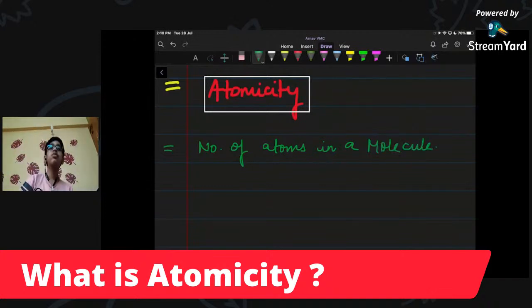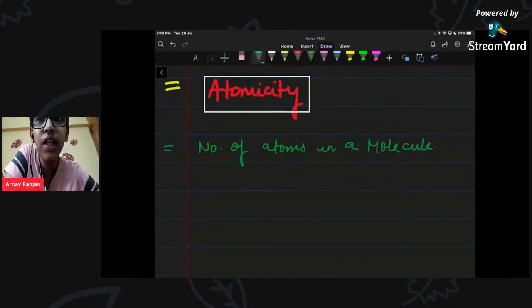So this was the only one line. It's very easy. Atomicity is very easy.